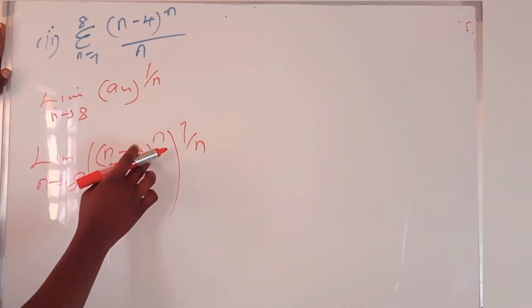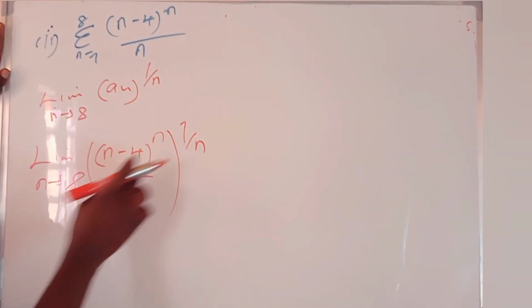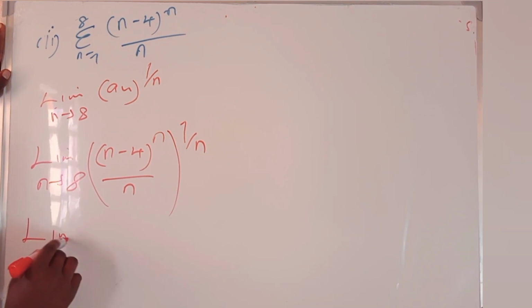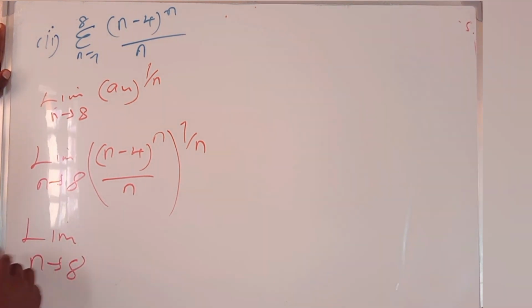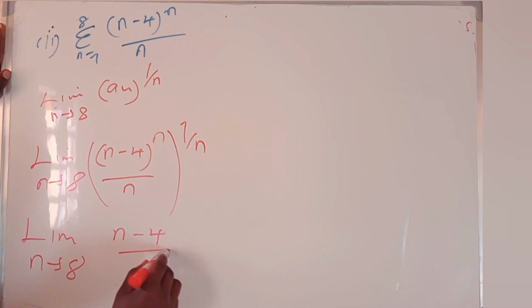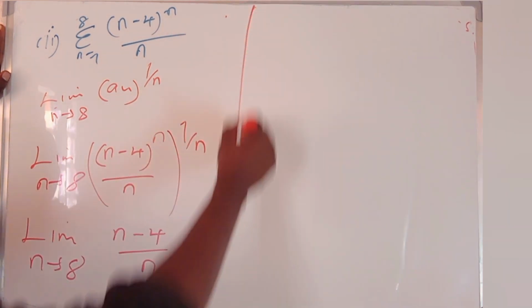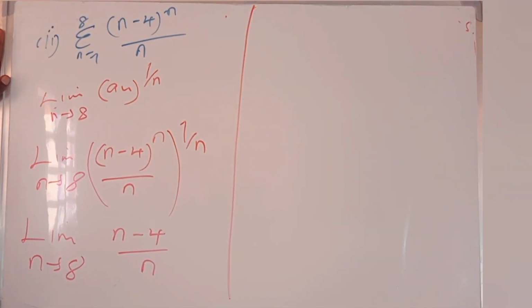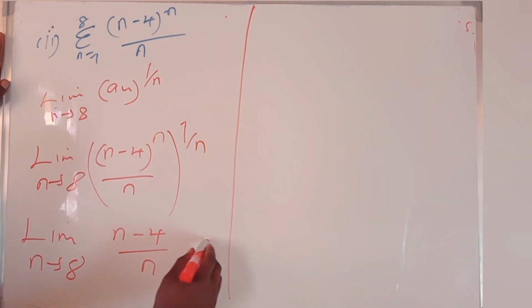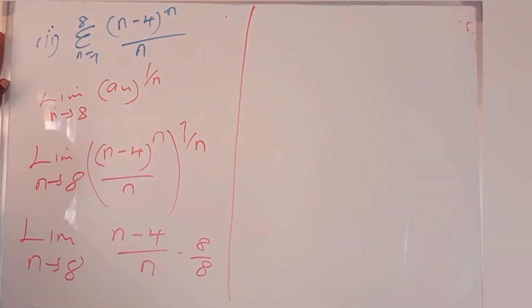So n minus 4 is to the power n, and this n and this cancel. So your limit will be the limit as n approaches infinity of (n minus 4) over n. So you substitute n to be infinity, and you have infinity over infinity. This is indeterminate.